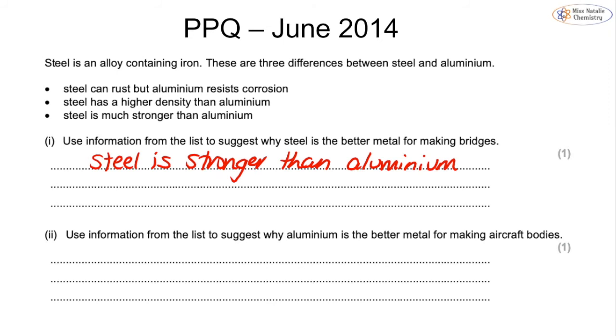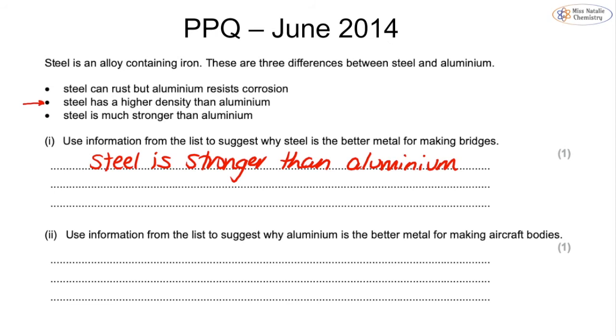For part 2, we want to suggest why aluminium is better for making aircraft bodies. Again, you can mention that it is to do with the strength, but steel being more strong probably would be better. Steel can rust, so the aluminium may be linked into the corrosion, but actually it's point number 2 that is the most important.